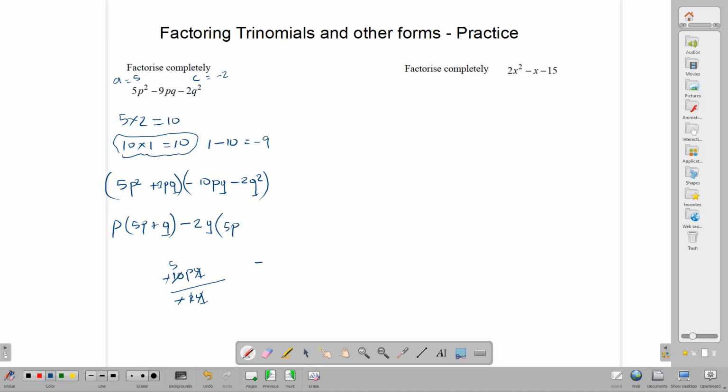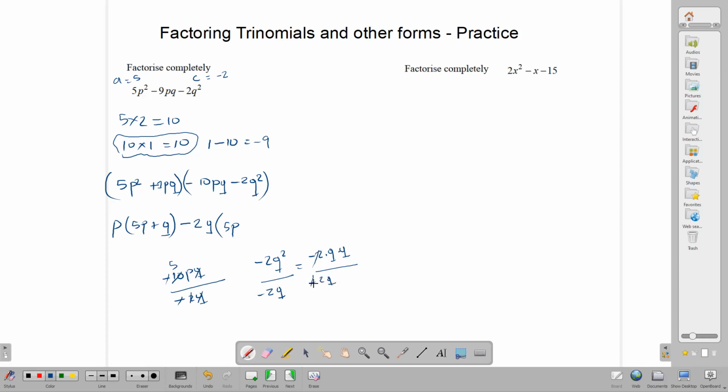Here we have negative 2q squared divided by negative 2q, which means negative 2 times q over negative 2q.